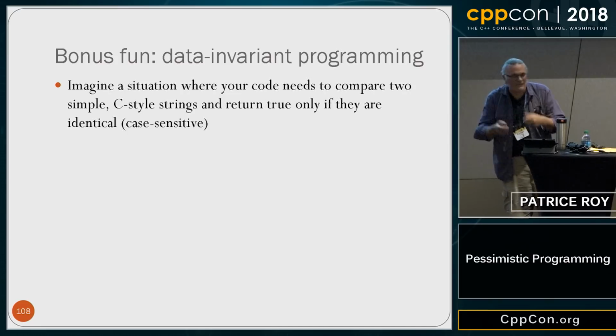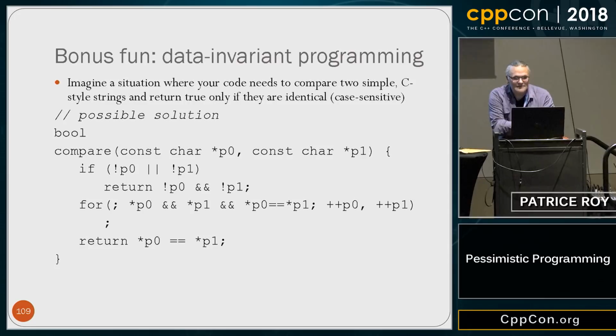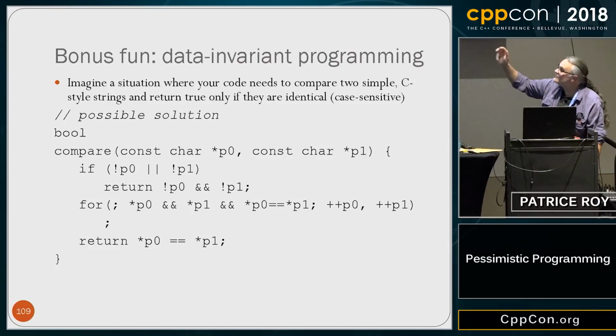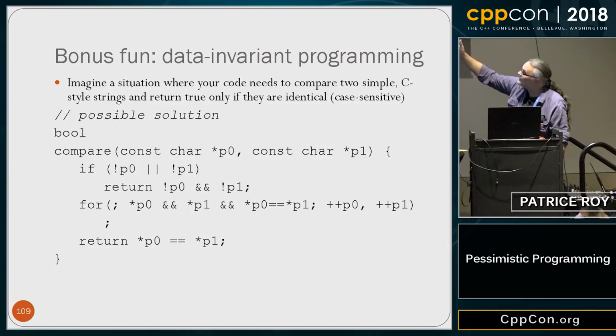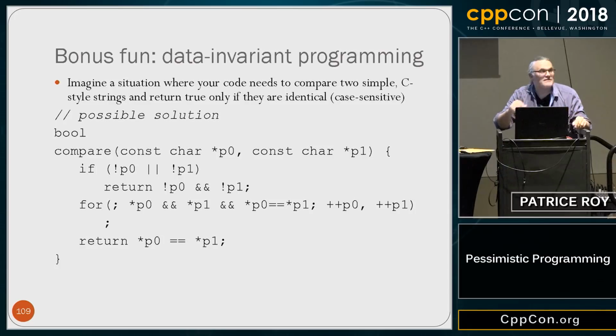You're comparing two bits of data. And there's this standard solution that says, if one of them is null, I'm returning something. Otherwise, I'm going through a sequence until I hit the end. And as soon as I find a character in the sequence that's not the same, I leave because I have an answer. And when we're optimizing code, that's what we do. We try to leave as soon as we have the solution. Why should I stay there?